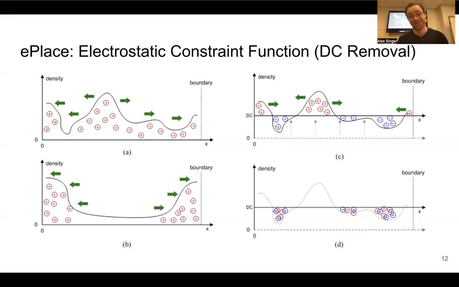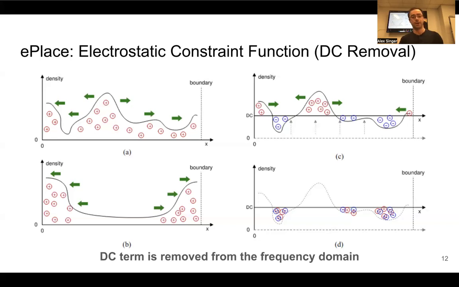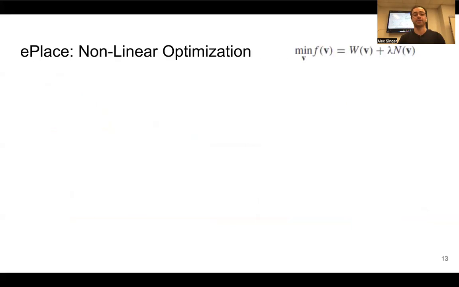It's a really interesting thing, and I really like this figure from the paper, so I wanted to talk about it here. It's just a little technique that they did to further improve the spreading, but that's why this isn't exactly an electrostatic system. They've done some things to the problem to make it spread in a way that they like a little better. So DC terms removed from the frequency domain, which gives them this effect.